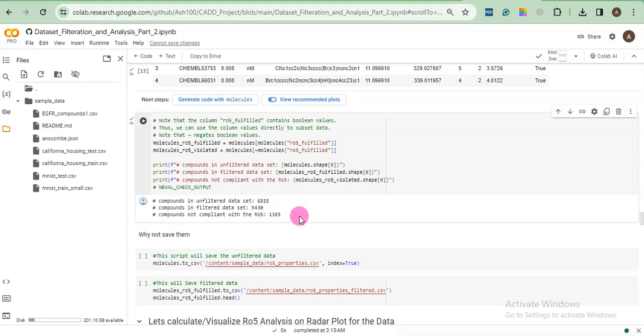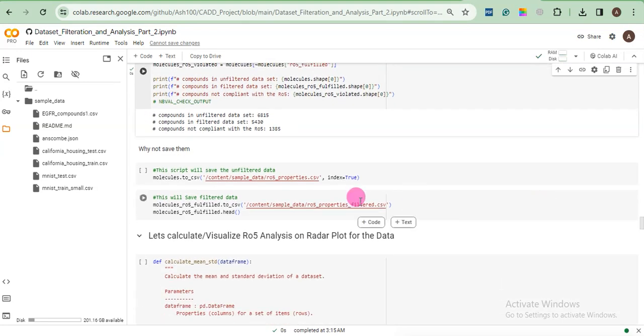It means that of the 6815 compounds, 1385 did not follow the rule of 5. So we want to remove them, or if you don't want to remove them, that is up to you, because here I included both codes for you.